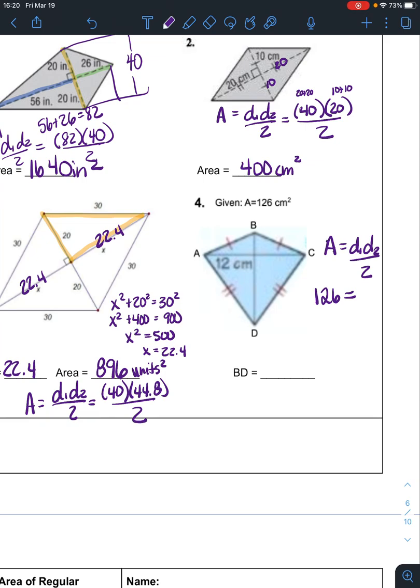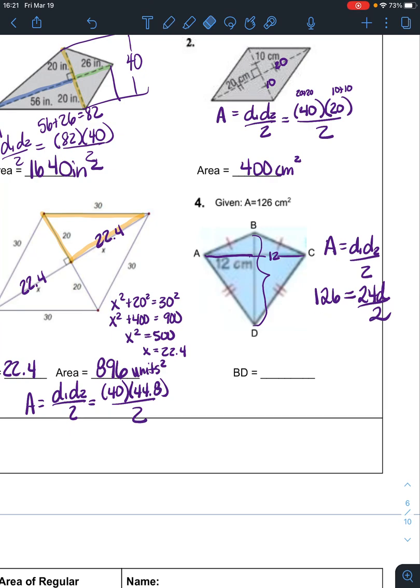Well, I have AC. Actually, I have this as 12, but remember in a kite, that diagonal got cut in half, so that's 12 also. So that AC is 24, and I'm looking for BD, looking for this entire piece. So that's your diagonal 2.